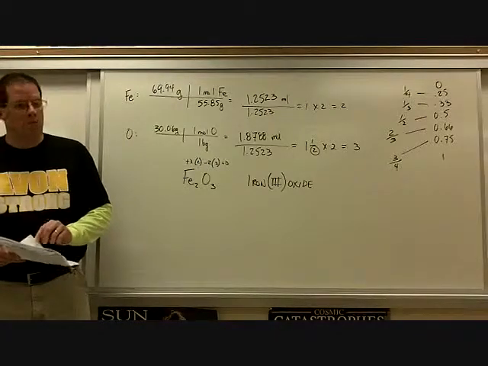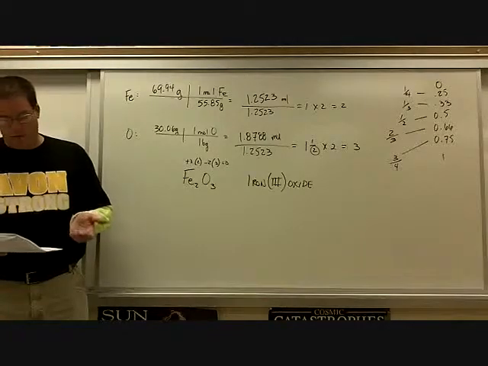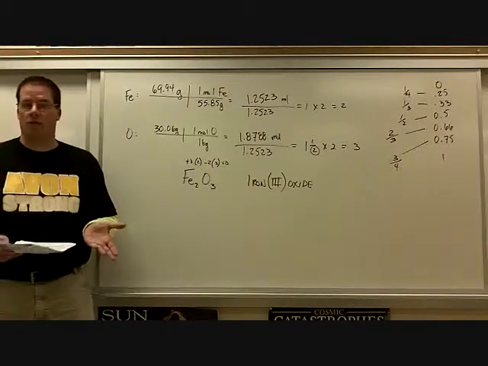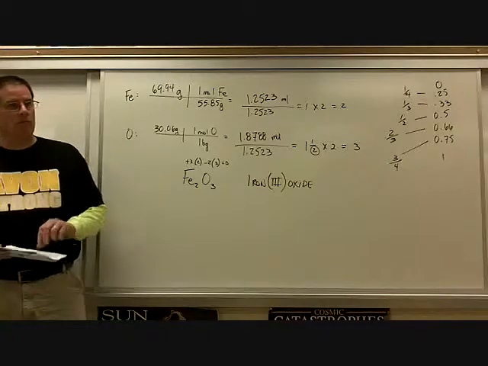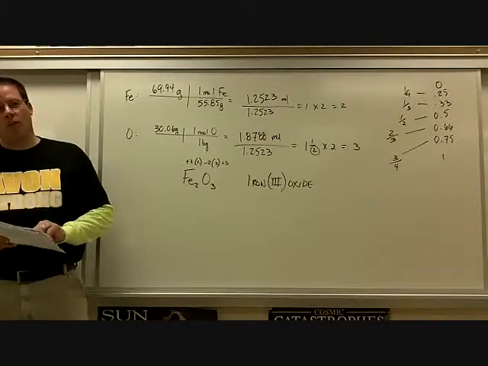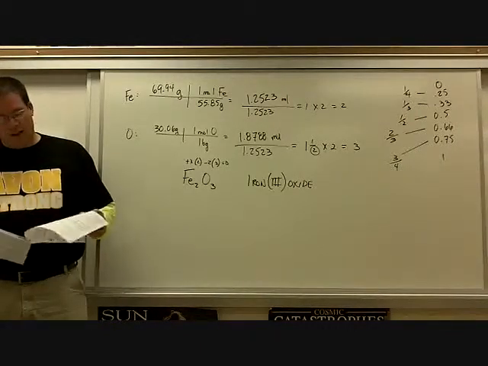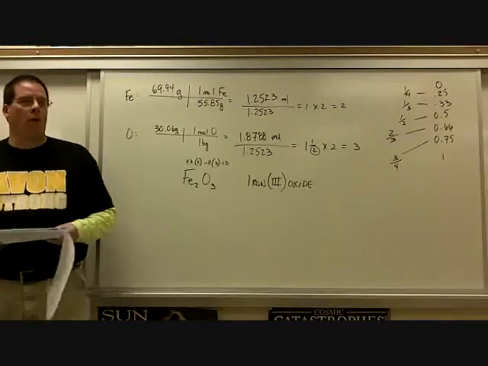Sulfur and oxygen. In 3A, I gave you the percent of sulfur by mass, but I didn't tell you what the oxygen is. If you have two things and one of them's 50%, then the other one has to be 50. So that's where that's going.